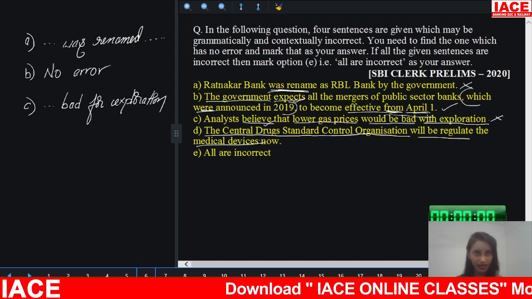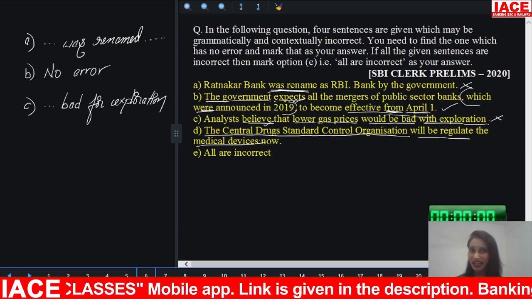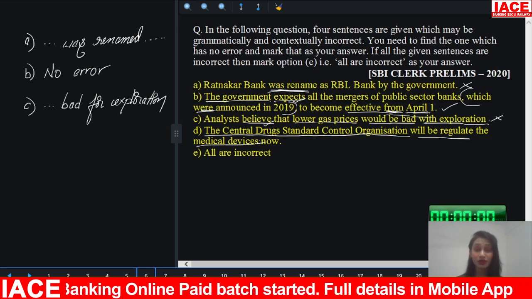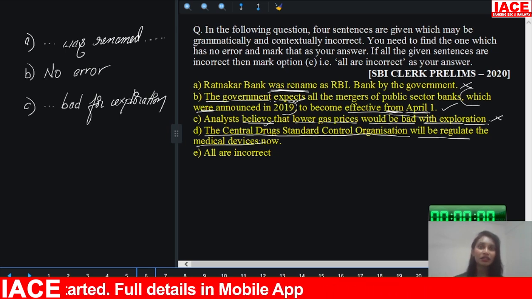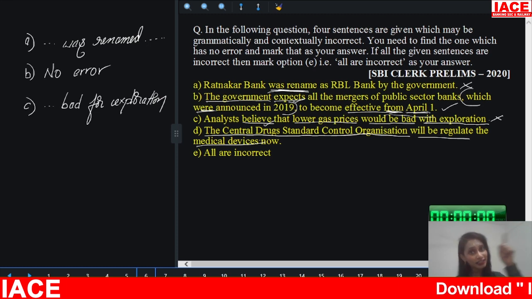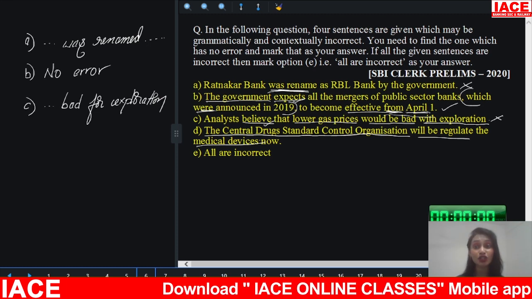Here the medical devices is the object. Which is doing the action? Is it the subject or the object? Based on that, you can answer this easily. Here, the medical devices are not doing any action. The Central Drugs Standard Control Organization, the subject, is doing the action. That means the sentence must be in active voice.